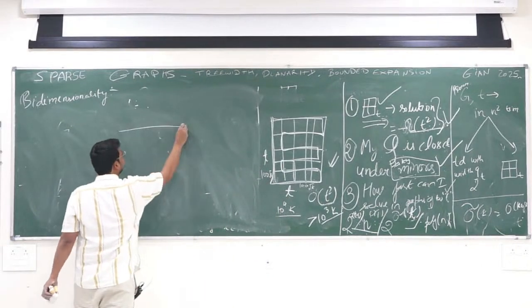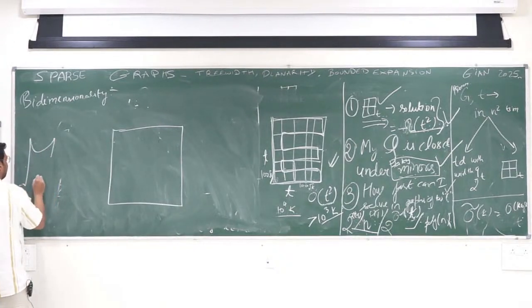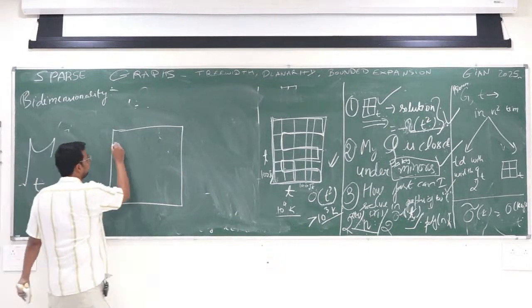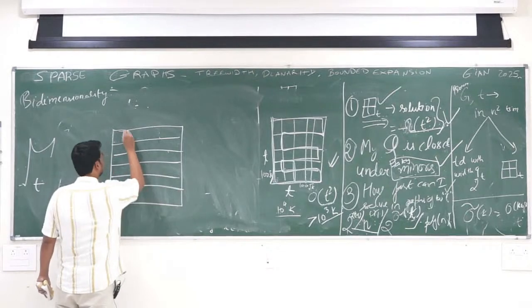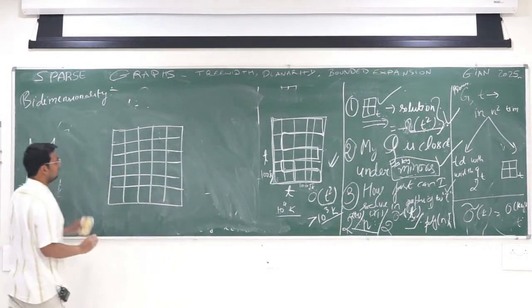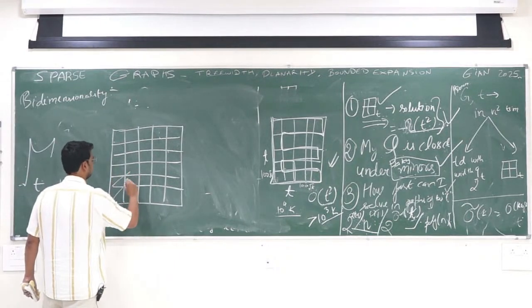So people came up with a structure which they call, what do they call this symbol? Mu of t, which is a grid, almost a grid, with some additional edges. But additionally, you have these diagonal edges.